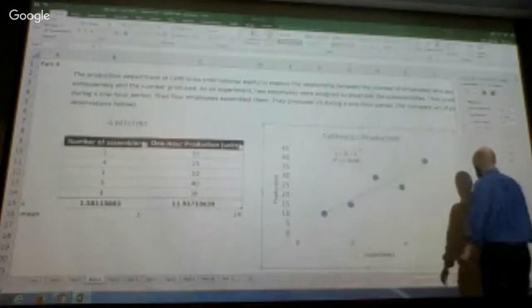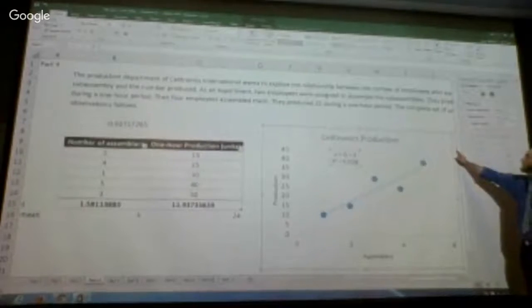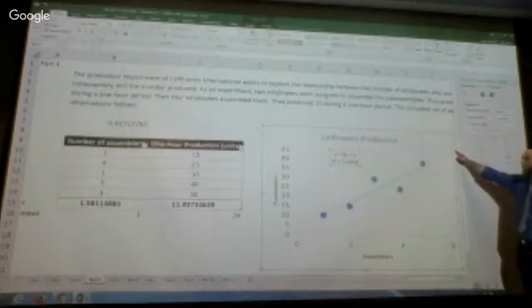B is 7. Y bar is 3. So if we did 24 minus 21, we would get positive 3. And then if we have 7 assemblers working, we would be extrapolating from our data rather than interpolating in our data.